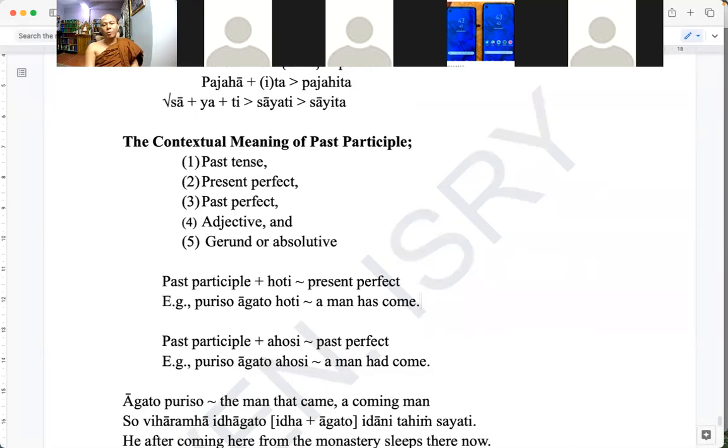But with the verb to be hoti as a present tense, that past participle is present perfect. And a past participle with ahosi, where the finite verb is past tense, is past perfect. Simply, we can understand it in this way. Later when you do the exercise, we will see such examples. Okay, that is the information you need to know.